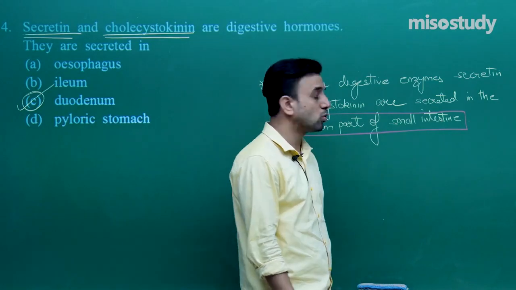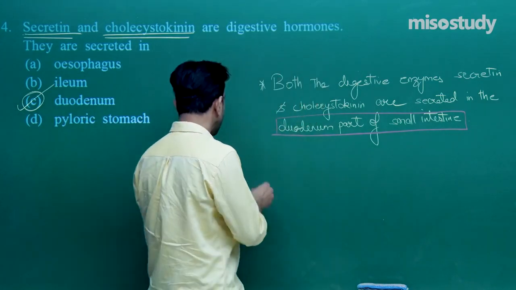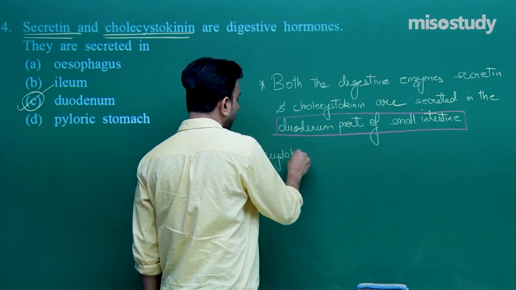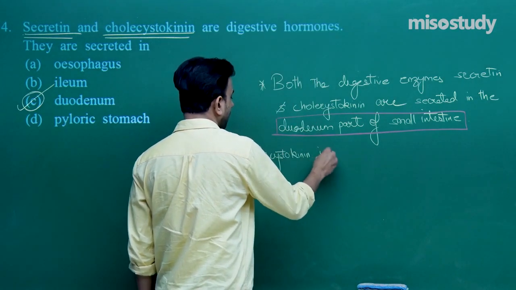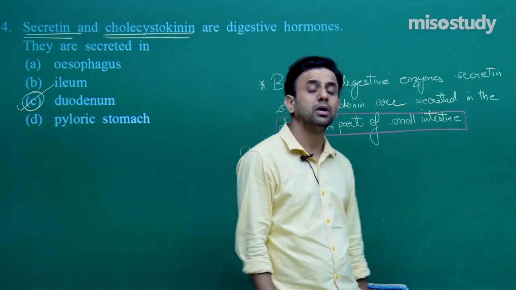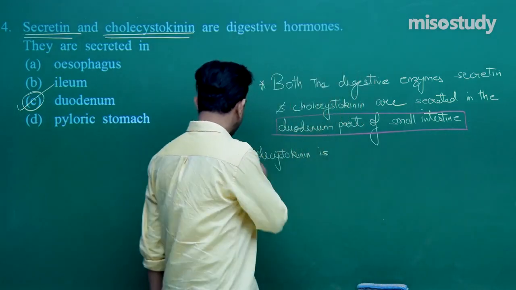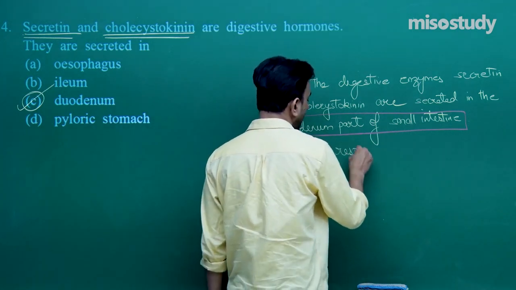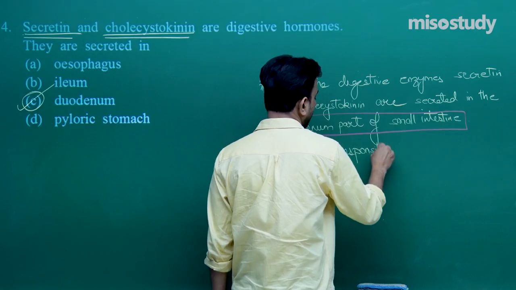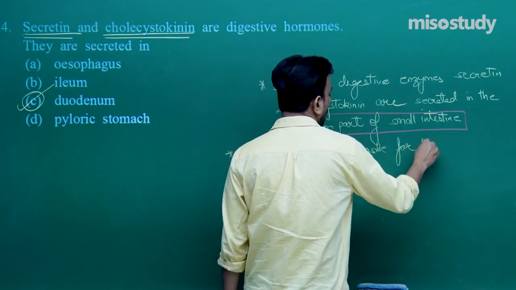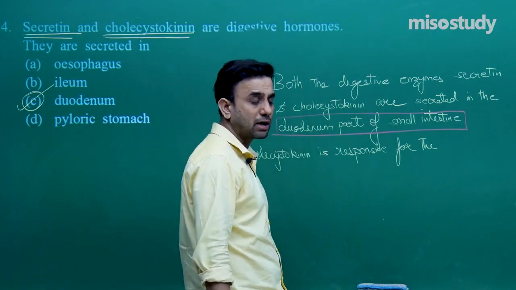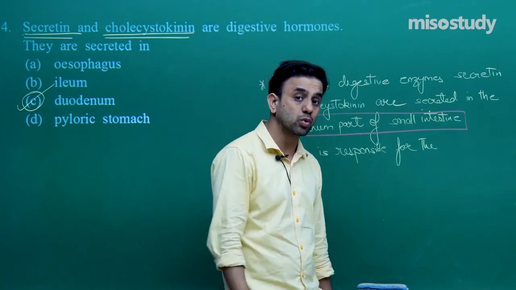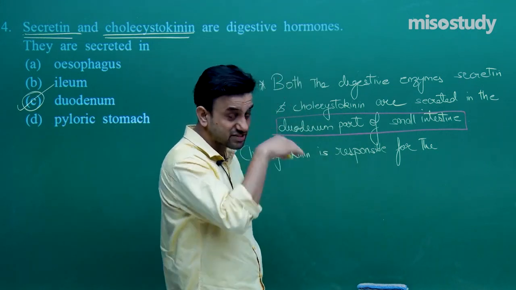So let's talk about cholecystokinin first of all. Cholecystokinin is responsible for the contraction of the gallbladder, okay, and we know the gallbladder is the place where the bile is stored. The bile is formed in the liver but stored in the gallbladder. We have done this, the cystic duct and all that.